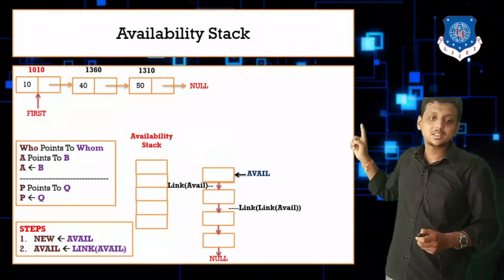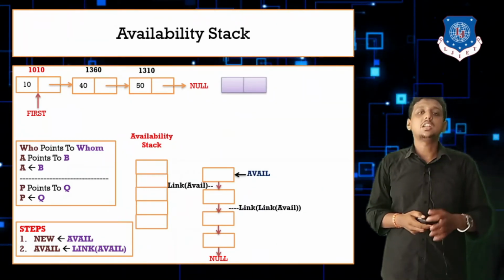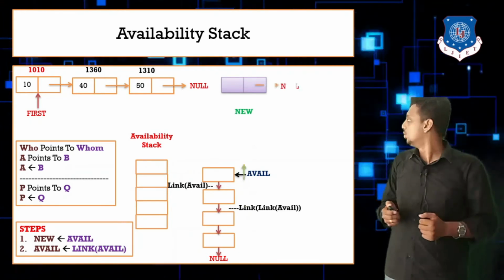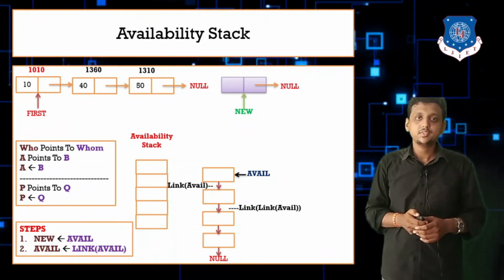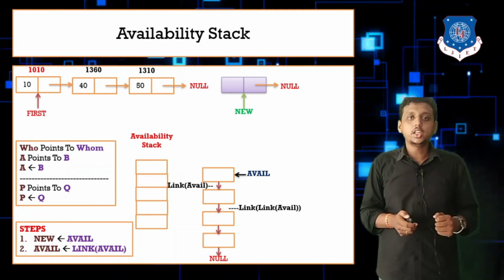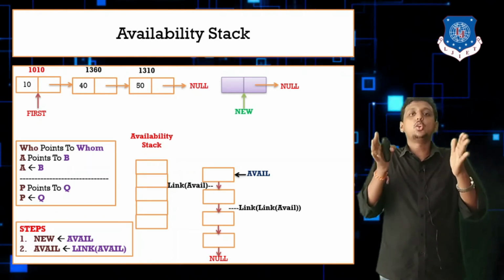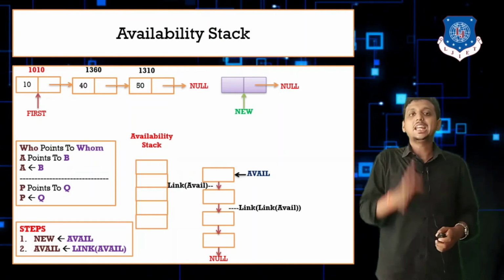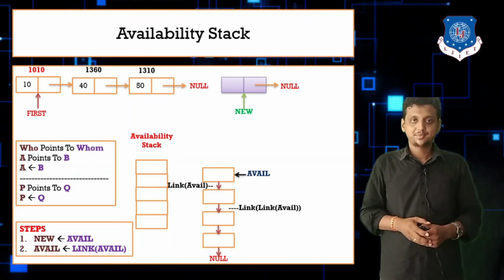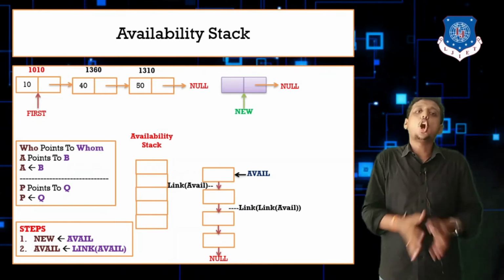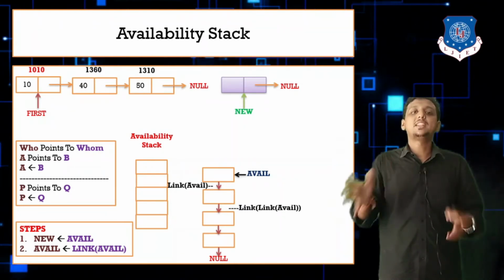It goes like this, see, and then it becomes like this, new, pointing over here. There is no data in a new node, but its link must point to the null. Okay, so now my new node is ready to be inserted in the linked list. Fine. So this is all theory, all about the availability stack.